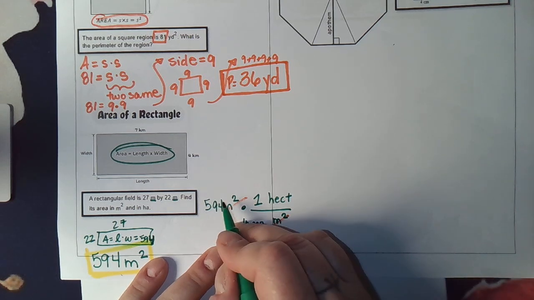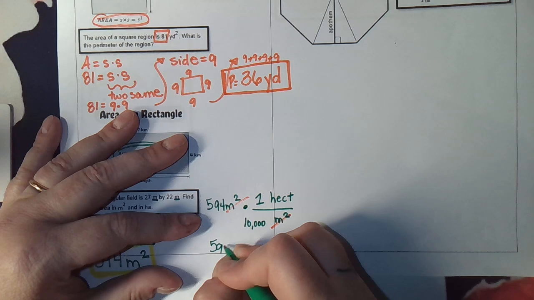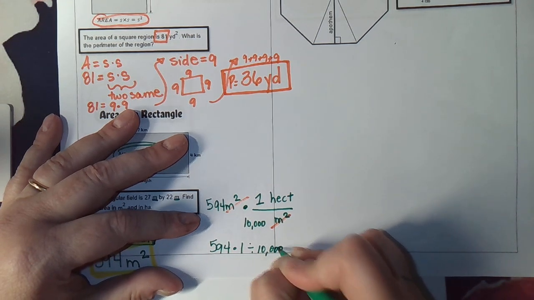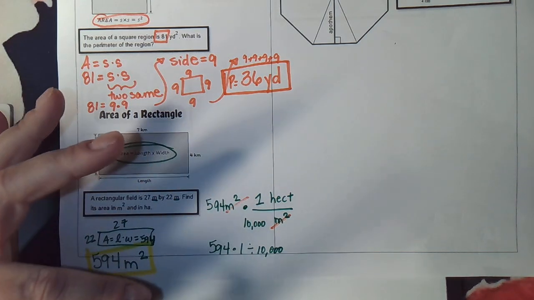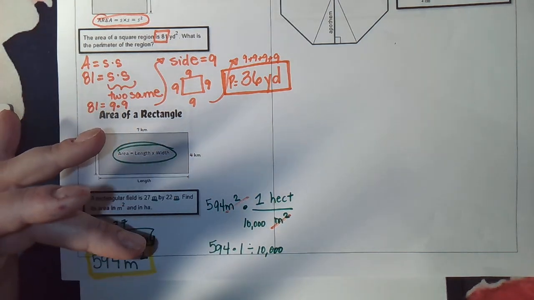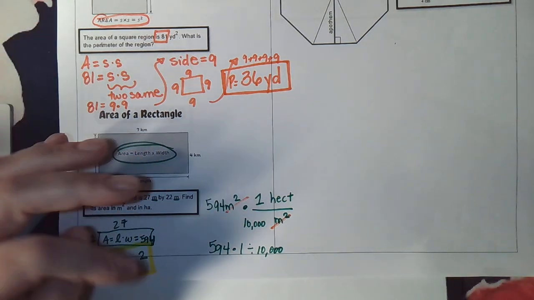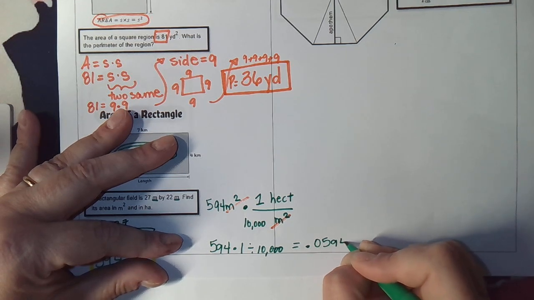The meters squared cancel. And now in our calculator, we're just going to do 594 times 1 divided by 10,000. Or you can do it in your head, and it'll just make the decimal move left 4 places. Either way, we get 0.0594.